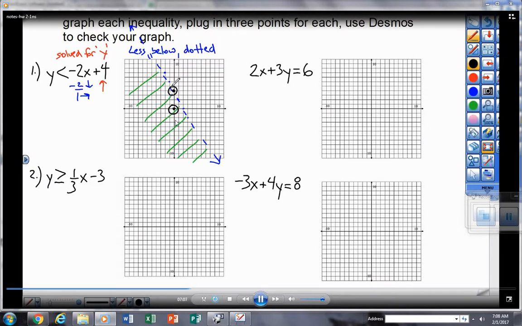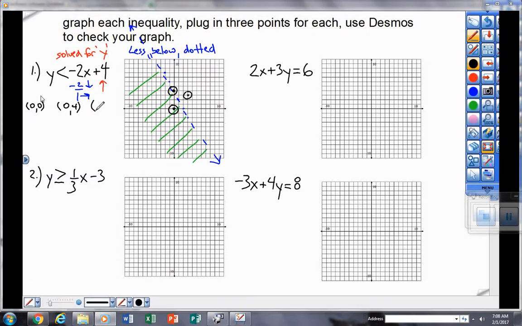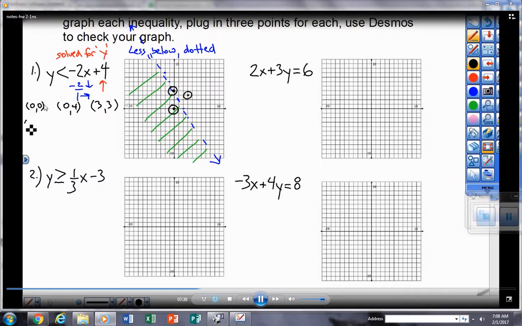And then a point above. So that's going to be 3, 3 right there. And I'm going to show you that the point in the green will work. The point on the dotted line will not. And this one in the non-shaded zone will not as well. So here we go. 0, 0, 0, 4, and then 3, 3. Only one of these points will work. Only this one in the shaded zone.